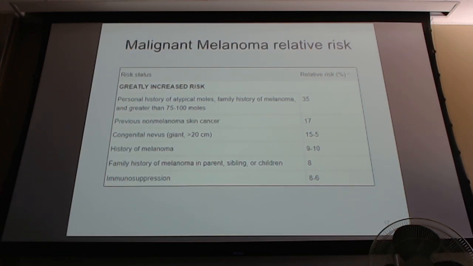So it's got on here 35% personal history of atypical moles, which is what we just talked about with that fried egg, dysplastic stuff. Family history of melanoma and greater than 75 to 100 moles. So it's all over their back and body. Okay, so that's 35%. That's a higher risk than the 17, which is previous non-melanoma skin cancer.